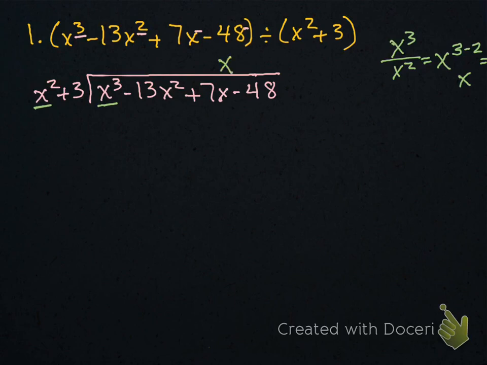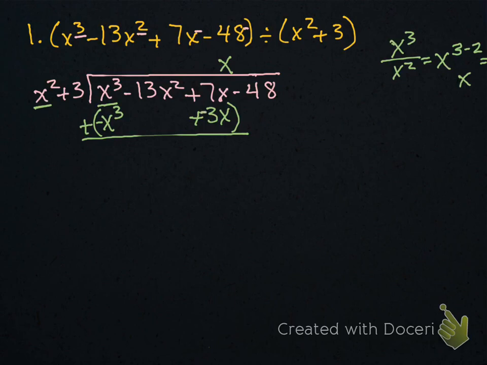And now I'm going to multiply this out. So x times x squared is x cubed. x times 3 is plus 3x. And I'm going to subtract. So when I subtract, remember, I'm going to add and change the signs.